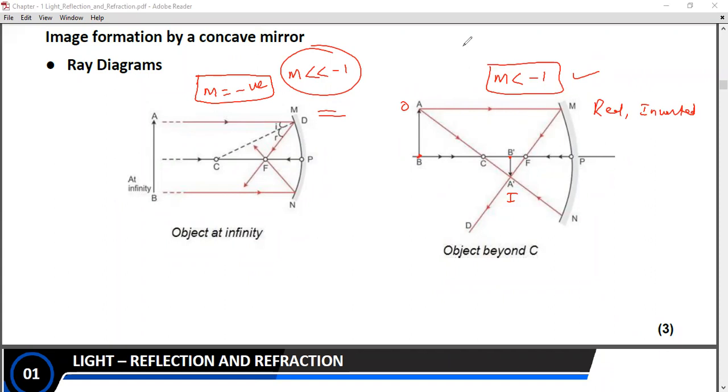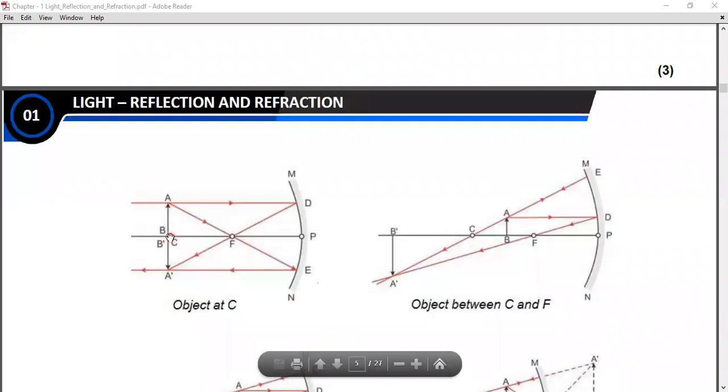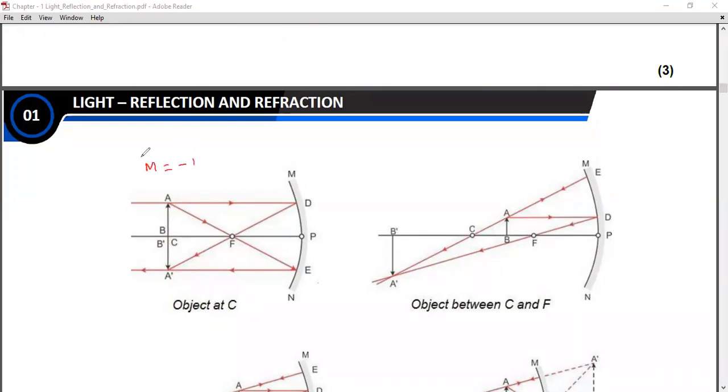Okay, guys. Now, in the third situation, if you keep object directly at center of curvature, then image is also formed at center of curvature without any magnification. That means in the third case, when object is kept at center of curvature, image forms at the center of curvature only.